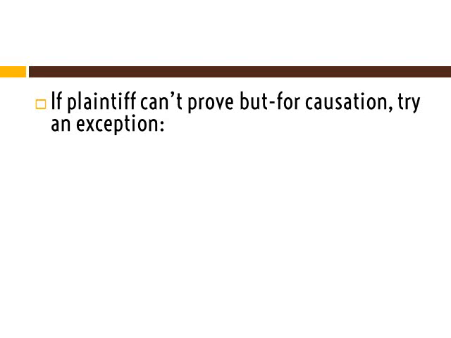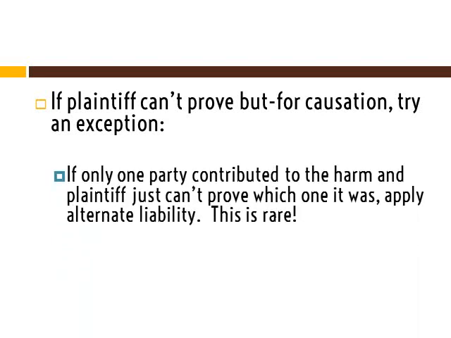Notice these exceptions are for the plaintiff's benefit. They don't help the defendant. If there's but-for causation, the defendant can't say, yeah, but under the exception there's not but-for causation. It doesn't work like that. These are only for the plaintiff to use when the plaintiff can't show but-for causation.